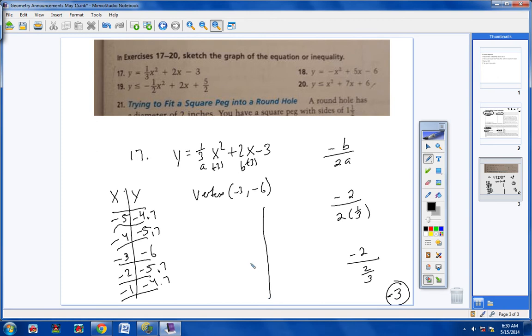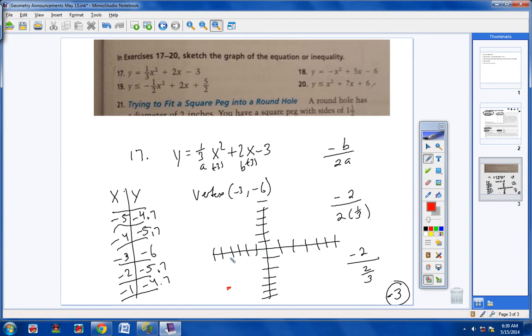So let's quickly sketch the graph. And here we go. Negative 5, 1, 2, 3, 4, 5. Negative 5 is negative 4.7, so I'm just going quickly here. It's about right here.